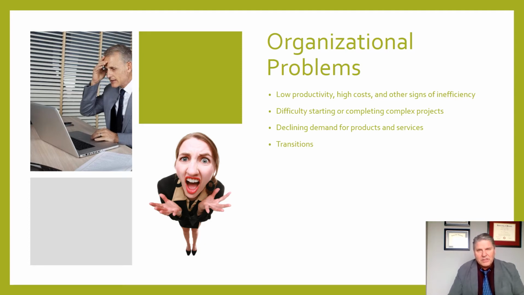This happened in the collegiate realm, by the way, where at one time it was all brick and mortar. You went to the campus, and now we have global campuses or online. In fact, that's what you're doing right now. And so this has been a tremendous transition that had to take place for companies. And how do you get them through that? These are some of the problems that happen.